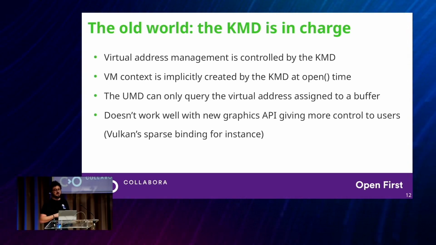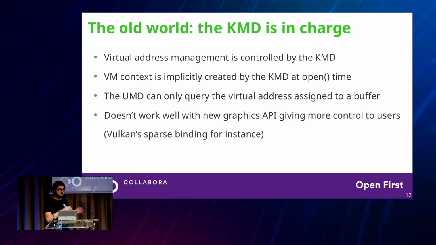The whole model is that the virtual address space is entirely controlled by the kernel. So every time you allocate a buffer, you also get a virtual address for this buffer in the GPU space. And that works fine for APIs like GL, because everything is opaque there.